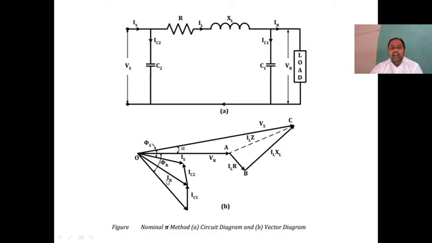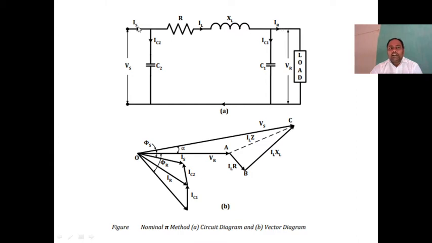Here we have another two currents: the sending end current and the line current. Please observe carefully. The line current IL is the sum of IC1 plus IR.